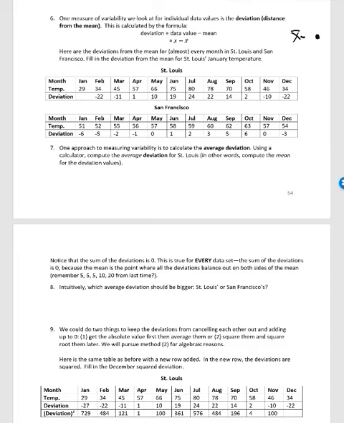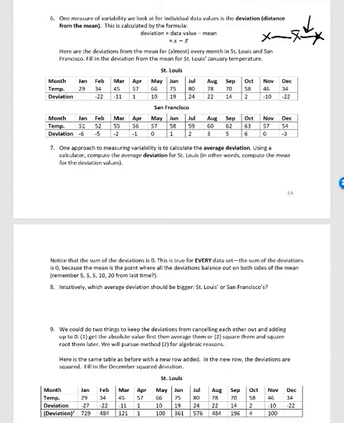If you took a little measuring tape and measured how far away that data point X is from that mean, that difference between them is the deviation. So you can have a deviation that's positive when X is higher than the mean. You can have a deviation that's negative when X is lower than the mean. So the deviation is just the difference between any given point that we're talking about and the mean for the data set.